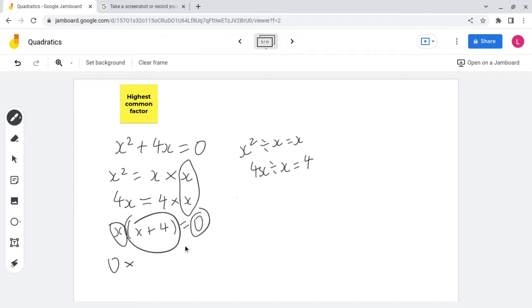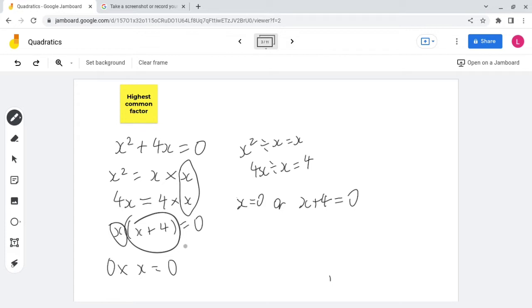Because 0 times anything would get you 0, right? x must be equal to 0, or x plus 4 is equal to 0, right? They could both be 0 as well. And take note of this "or". You cannot write it as "and" or whatsoever. It must be an "or", right?